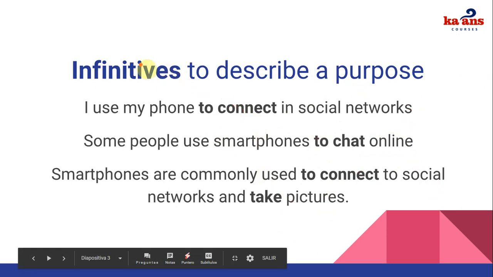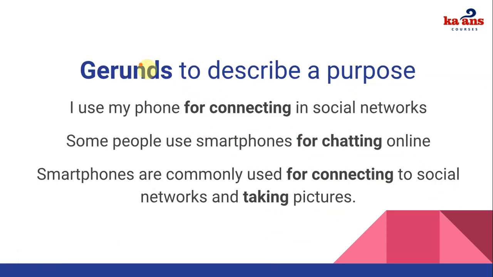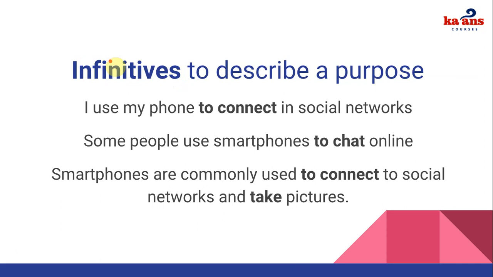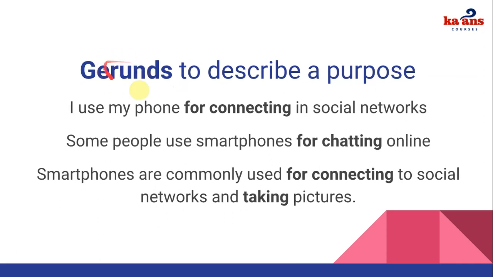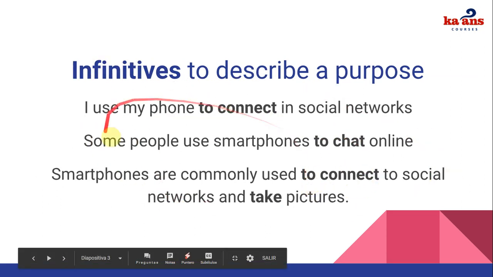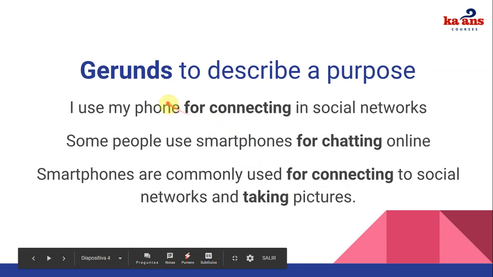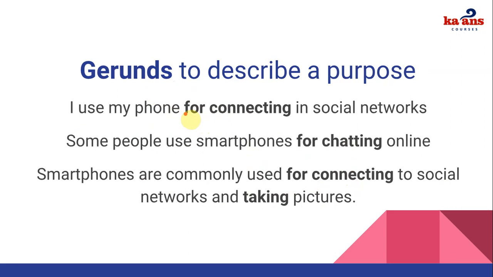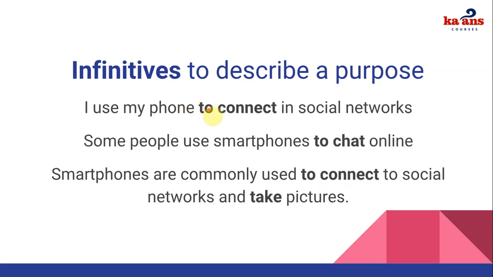So, we'll continue with the second slide, and it's exactly the same information, but instead of using infinitives, we're going to be using gerunds. Now, as you can see, every time that we use an ing form, they're exactly the same examples, but here with gerunds, we want to use for instead of to.